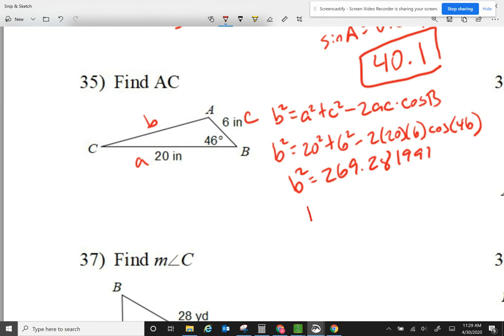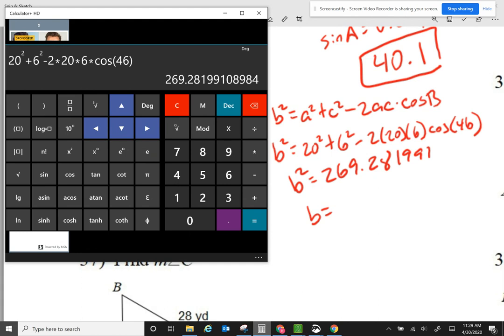That means that b, because I'm going to do the square root in this case, I'm going to do the square root of 269.281991.